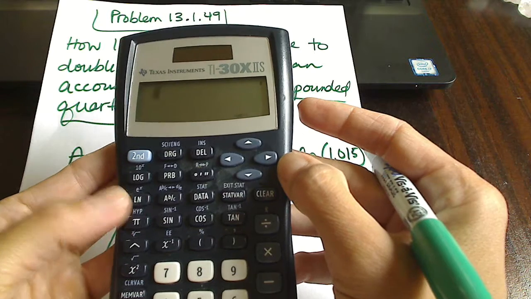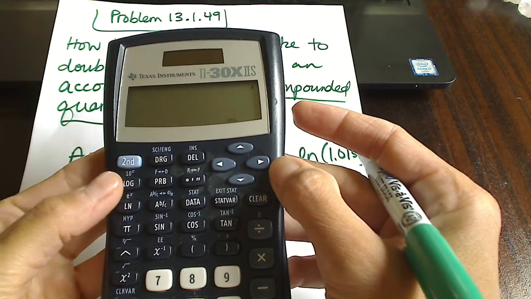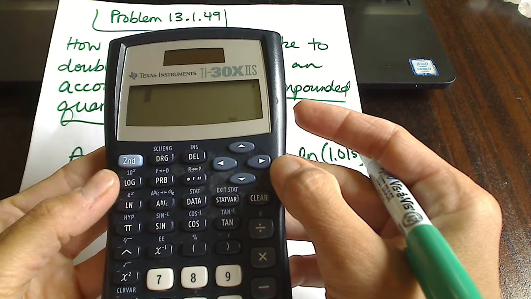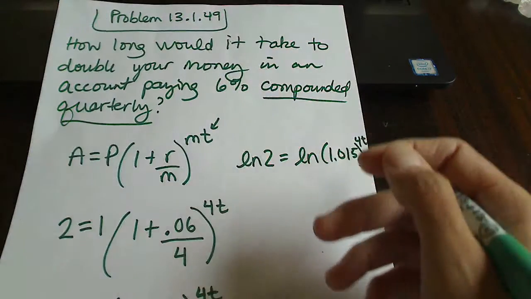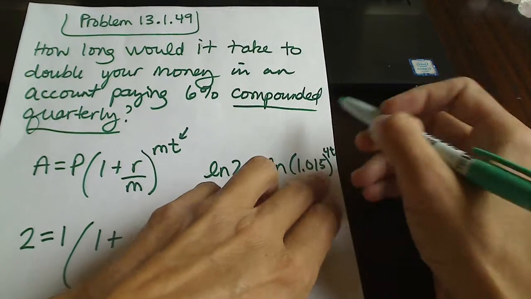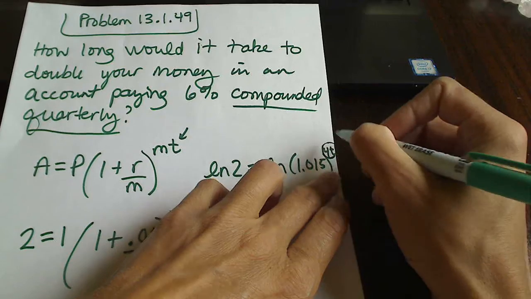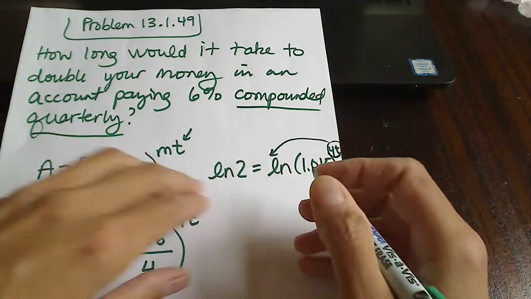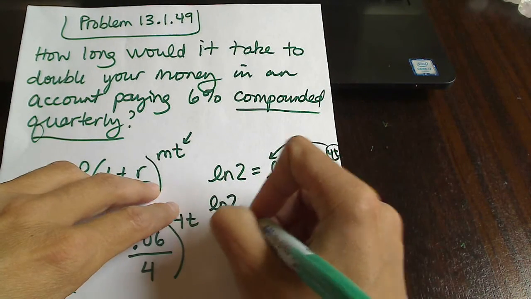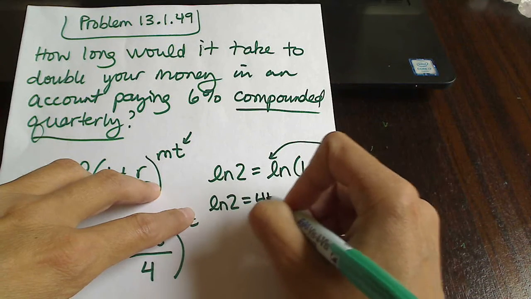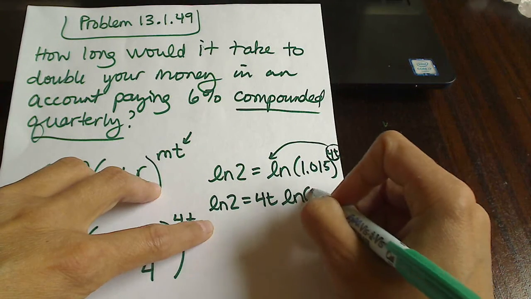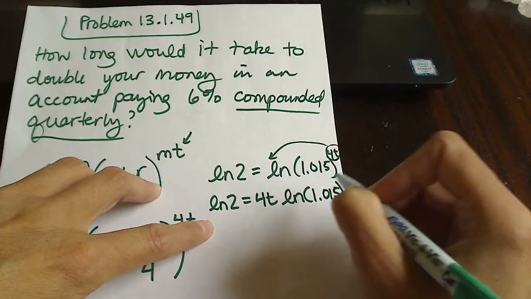On my calculator, it's this ln button right here. You can also use the log button. Both of those will work to bring down the exponent here. So we have this logarithm rule that allows us to take this exponent and bring it down out front. So we have the ln of 2 equal to 4t times the ln of 1.015.